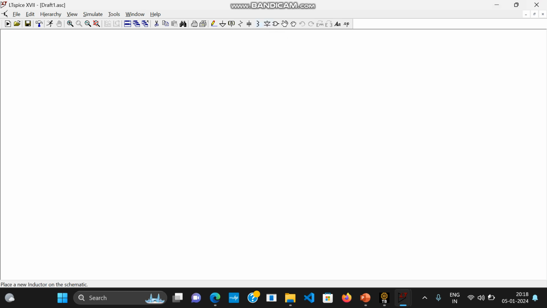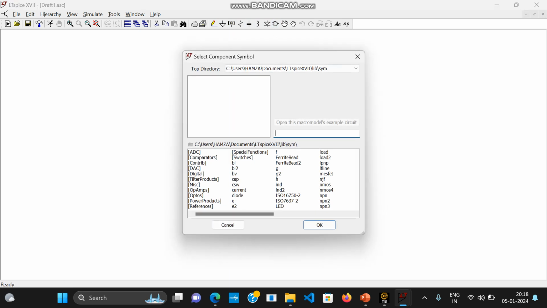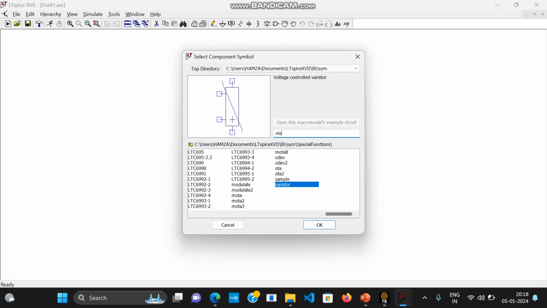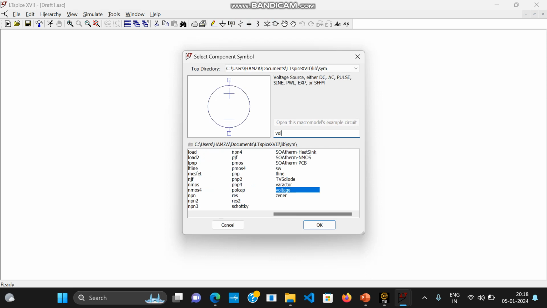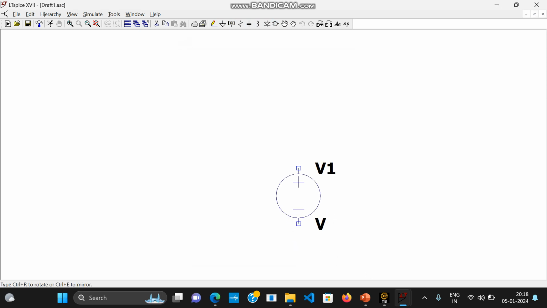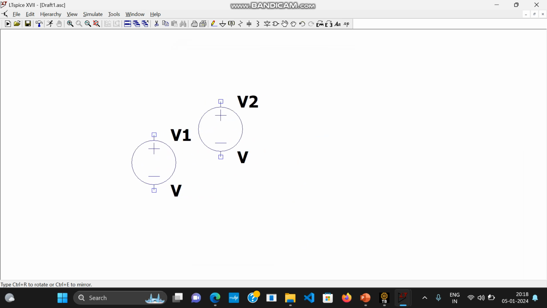Here are the regular components which we will use more, so they are placed here: the capacitor, the inductor, the diode. Let's start with the voltage source. Place it anywhere and press Escape to exit placement.